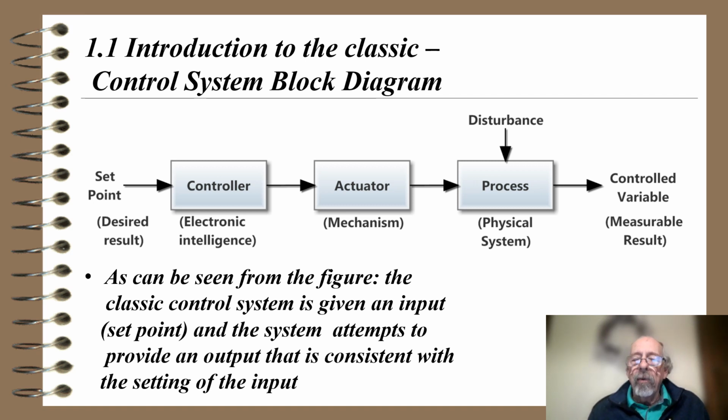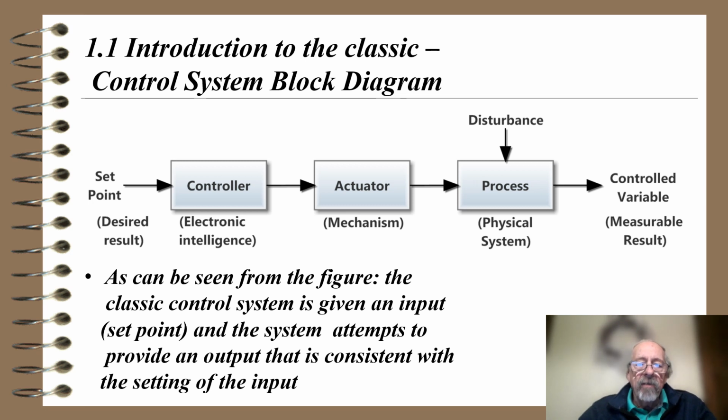The output of the whole thing is the controlled variable, and you might say the set point's the desired result. The controller is the electronic intelligence. The actuator is the mechanism that's going to make everything work. The process is the physical system you're trying to control, and the control variable is a measurable result.